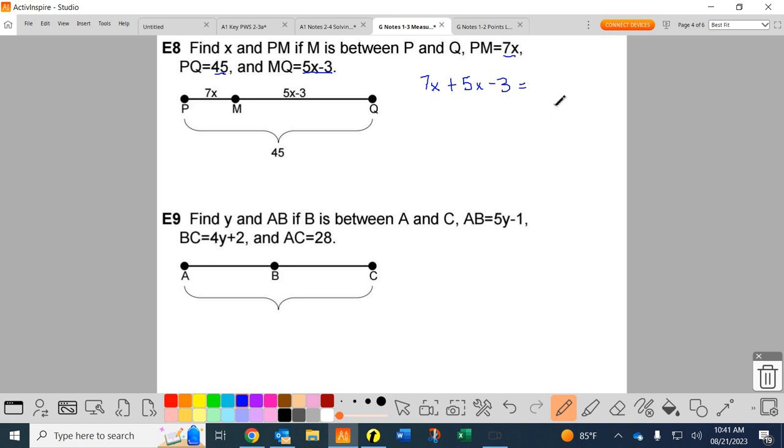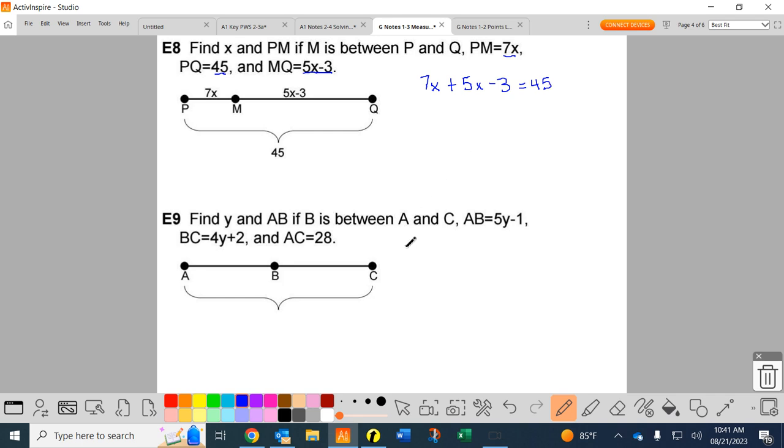And on the other side, you're going to be equal to what? 45 for the whole. That's the only geometry step in this whole problem, guys. The rest of it's all algebra. The setting it up is the geometry. You know how to solve this from your algebra class. If you don't, you can ask me questions because I also teach algebra.